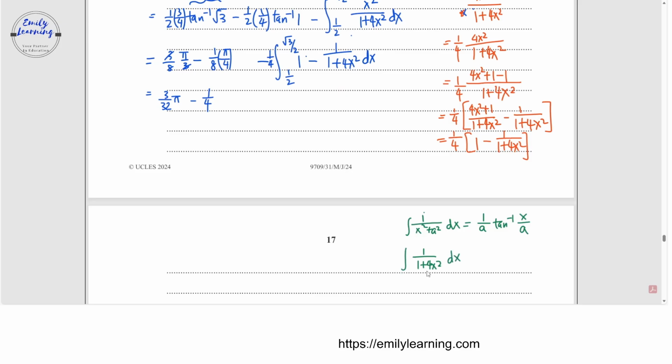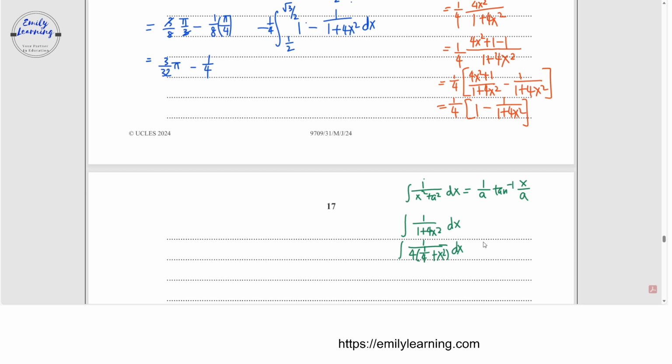Here is x squared, this is 4x squared. What do I do? Well, what I can do is factorize out 4. Then if I factorize out 4, this one will become 1/4 and here will become x squared. Then I will put the 4, this 1/4 outside, so I'm left with this.